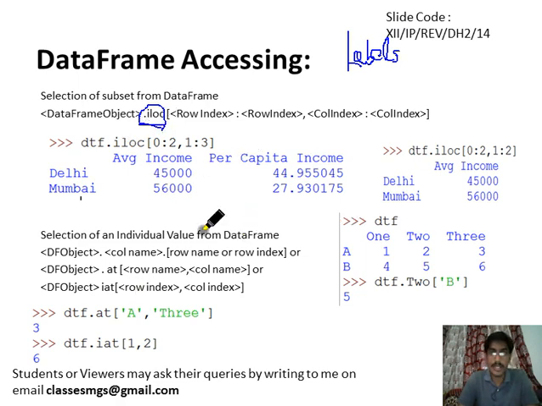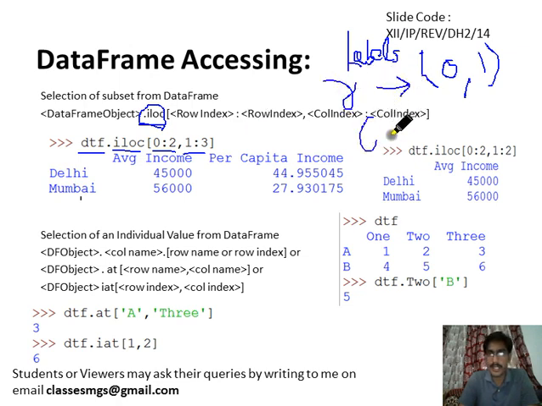Let's suppose we have the data frame we have seen in the previous example, and we are using iloc 0:2. 0:2 means rows 0 and 1 will be selected, like we have done in NumPy array slicing. Similarly for columns, 1:3 means columns 1 and 2 will be selected, because it works up to n minus 1.